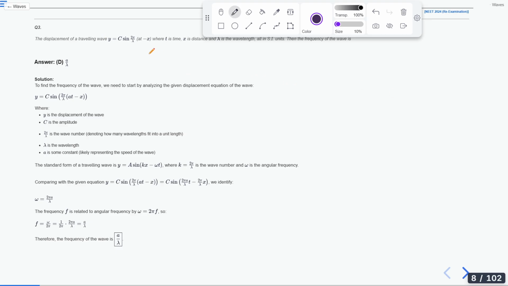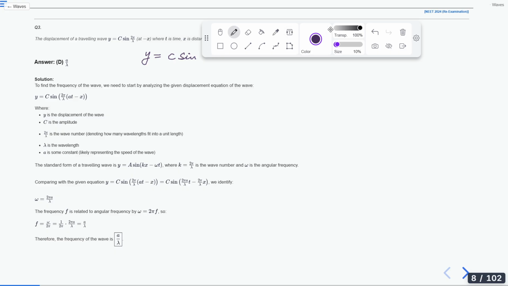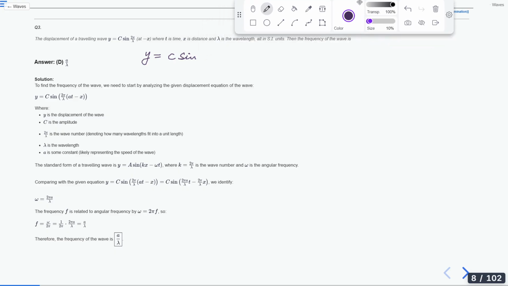How can you do the reverse way? You can convert the given equation into the standard equation. So multiply by 2 pi by lambda. So the answer would be the same. You can do it in either way. So C sine, 2 pi by lambda in the bracket, a t minus 2 pi by lambda x.